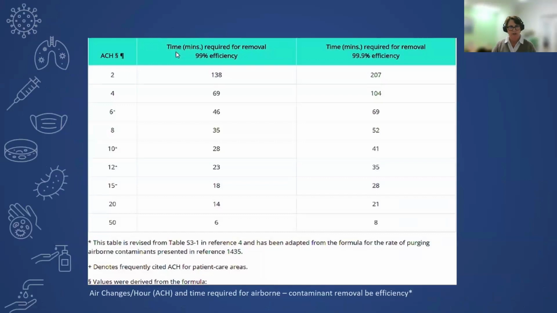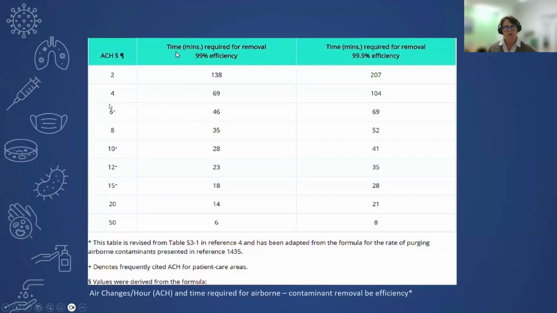So this just shows you the air changes per hour and the time required for the airborne contaminant to be efficiently and effectively removed. So if we're looking at 99% efficiency, as we go down the number of air changes, we can see that the time changes.